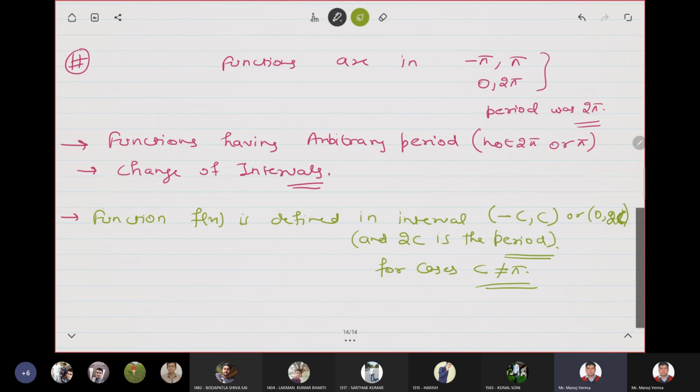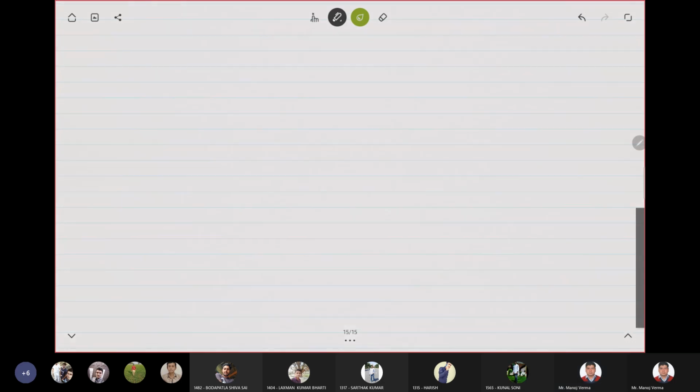So now you can see, for representing Fourier coefficients, we can change the variable also. Let's say 2c is the interval for variable x.